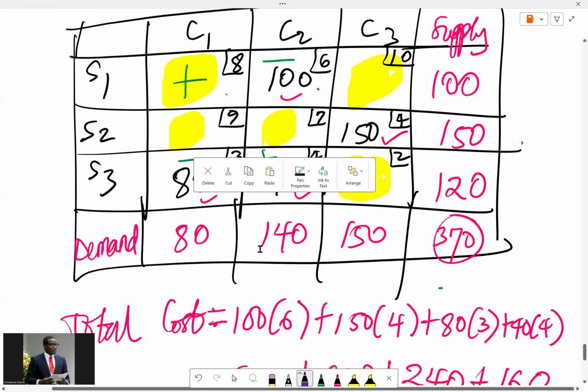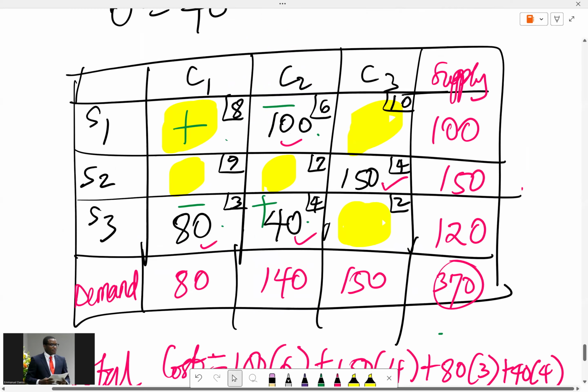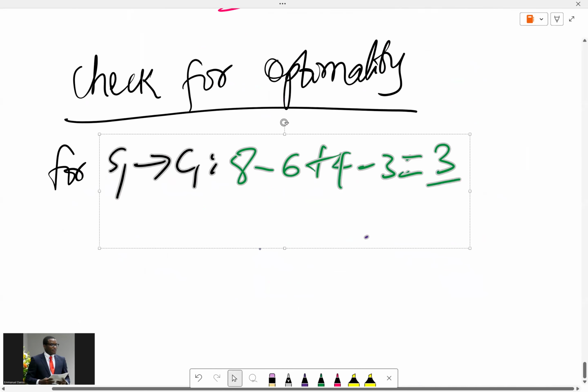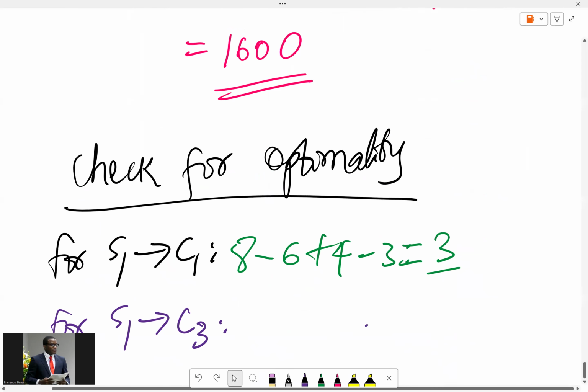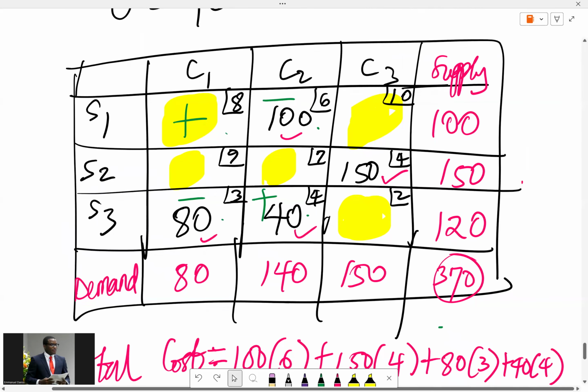Then we go for the next one, say S1, C3. For S1 to C3, imagine that we add 1 unit here. How do we balance this up now?